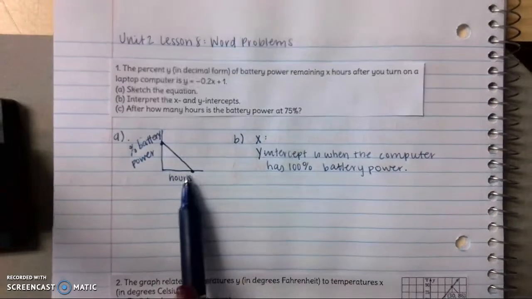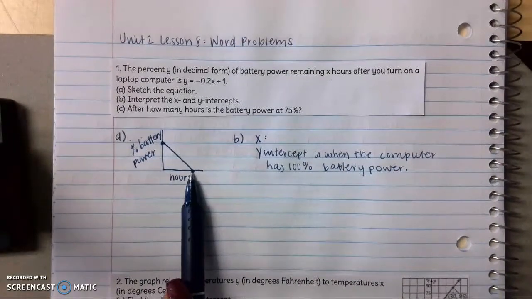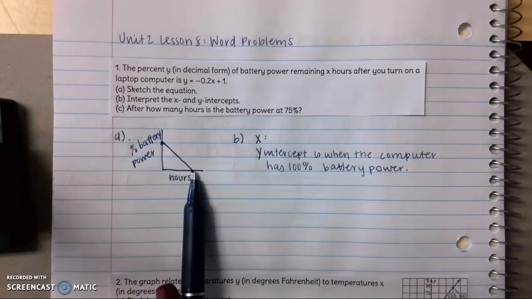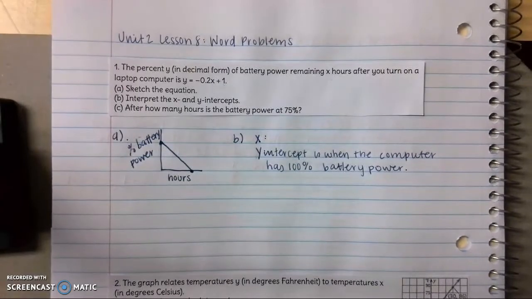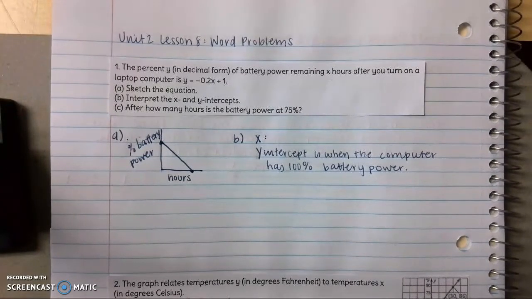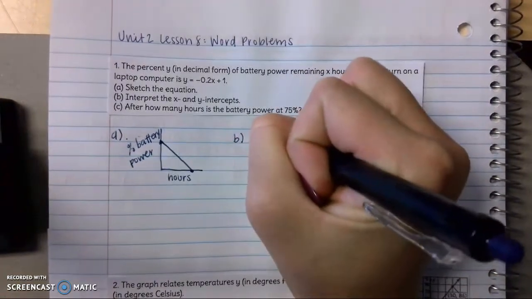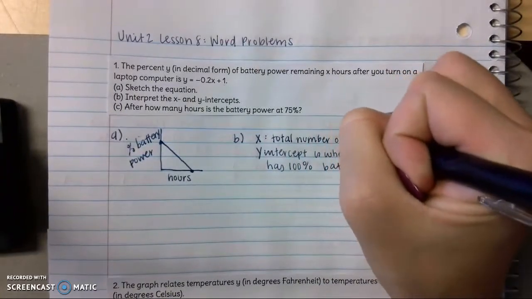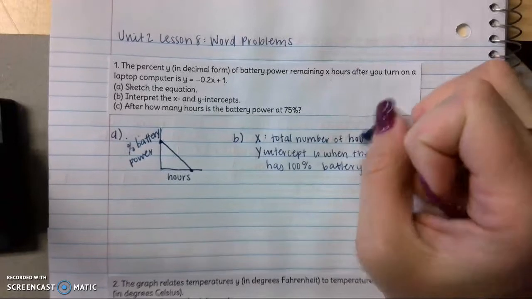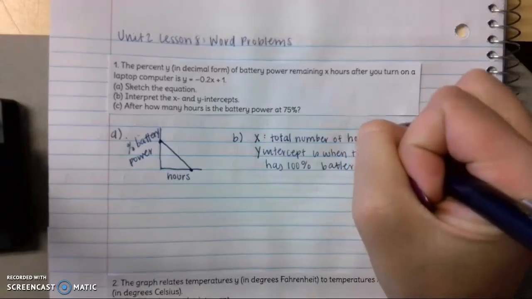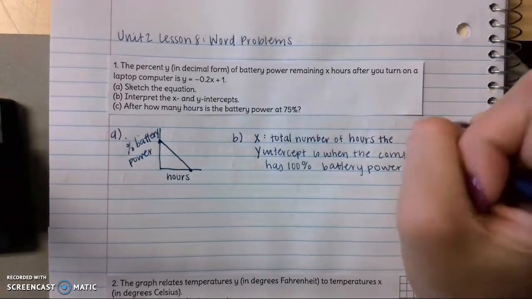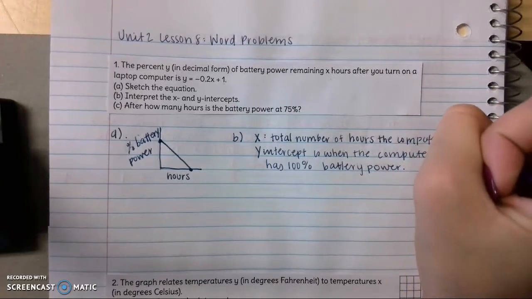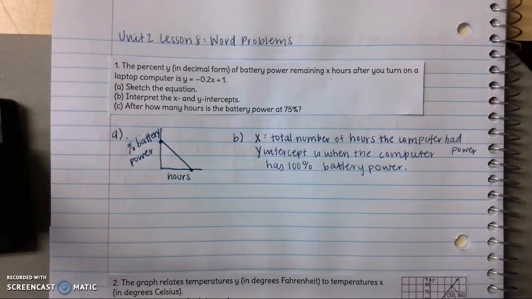Alrighty, and then our x-intercept here is hours. So when the battery power is dead, it was alive for how many hours? X is going to be the total number of hours that the computer was alive.